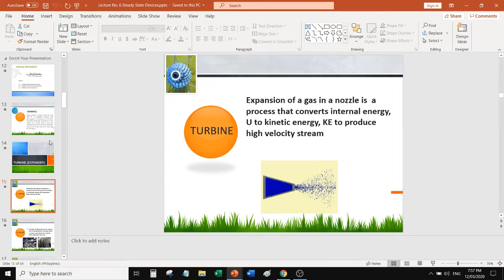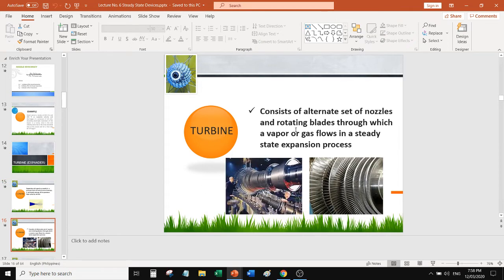Okay? Diba yun yung actually equation ng nozzle, pero delta H kasi yun, but we know that through the definition of enthalpy, no? So yung internal energy naka-convert to kinetic energy, so it produces a high velocity stream, and yung nozzle na yan, nakatapat actually sa mga blades.